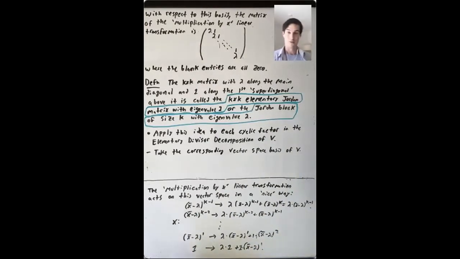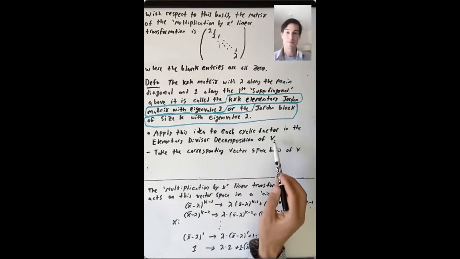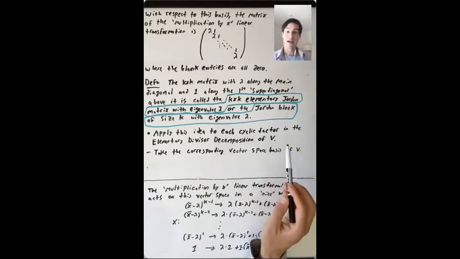So what happens? In the elementary divisor decomposition of V, we have that V is isomorphic to F[x] mod the ideal generated by (x - lambda_1)^alpha_1, direct sum F[x] mod the ideal generated by (x - lambda_2)^alpha_2, and so on.